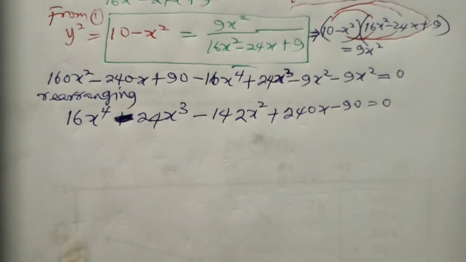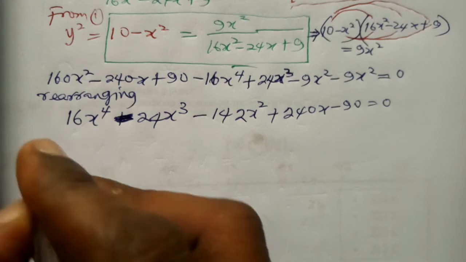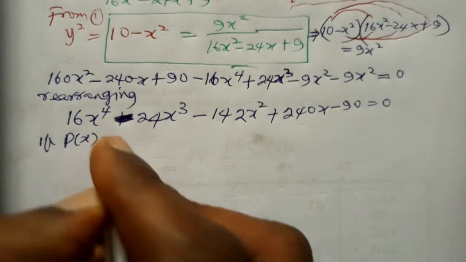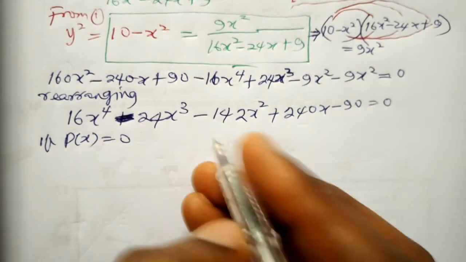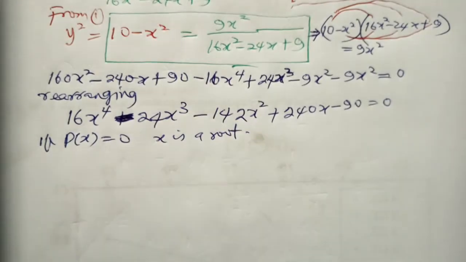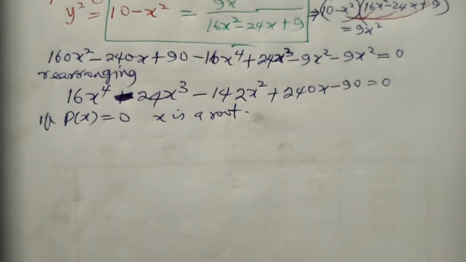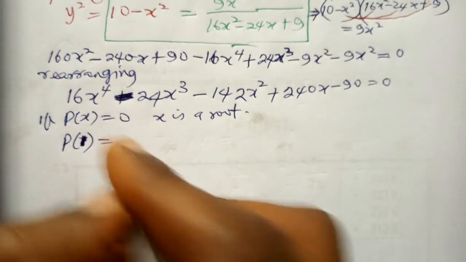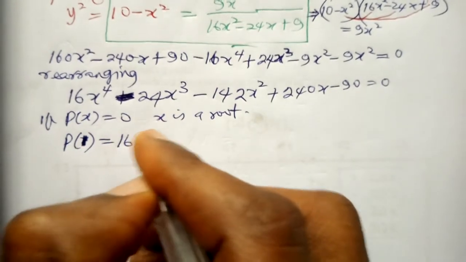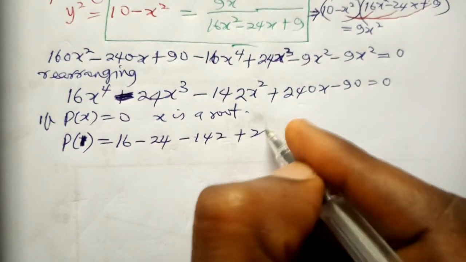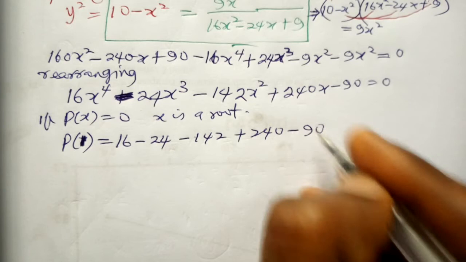In order to solve this type of equation, we can use the polynomial method. Remember, if p of x is equal to 0, it means that x is a root. So if we put x equal to 1 inside here, we have 16 minus 24 minus 142 plus 240 minus 90.